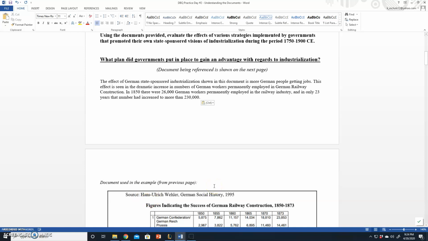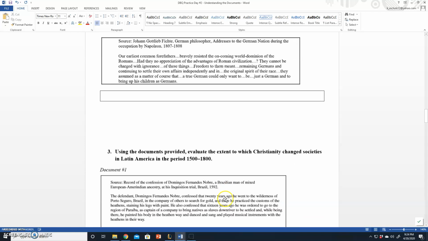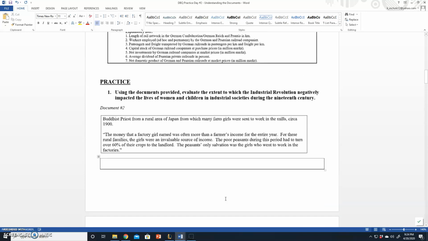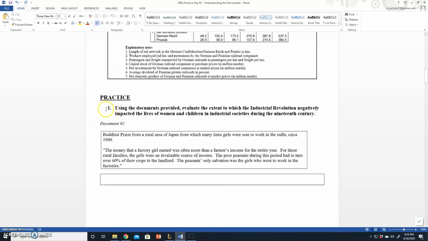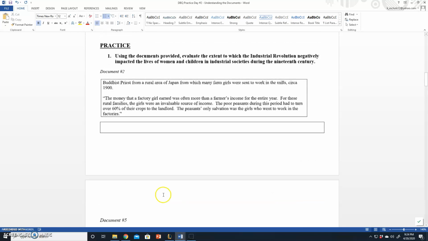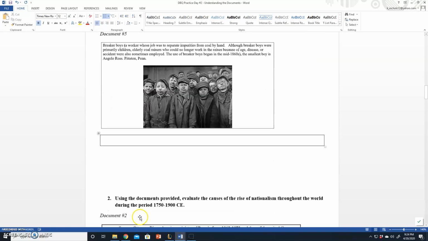That's it. Today's assignment is going to be quick and easy. So go down through here and pick a couple of different documents, meaning practice. There's a practice 1. Here's the question. I've given a couple of documents. So if you're picking number 1, make sure you do both of these.